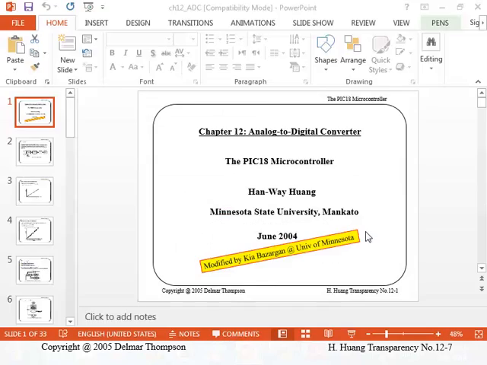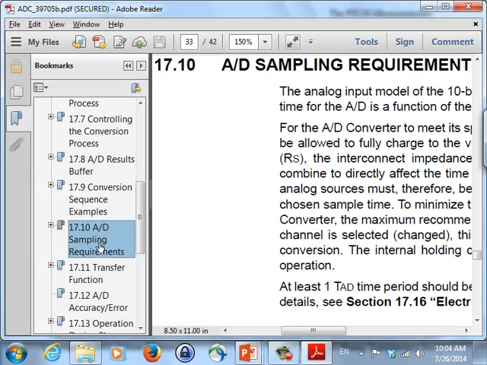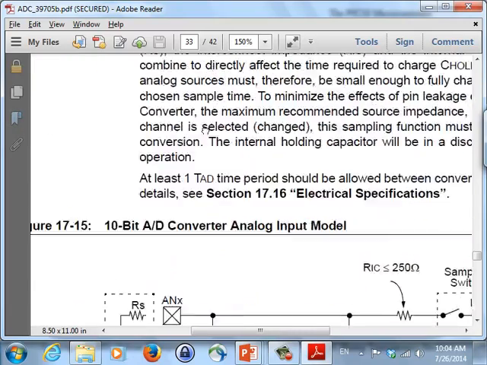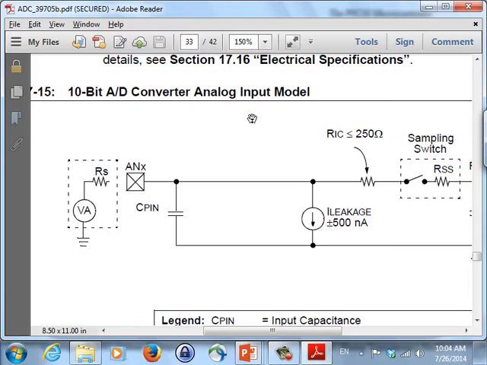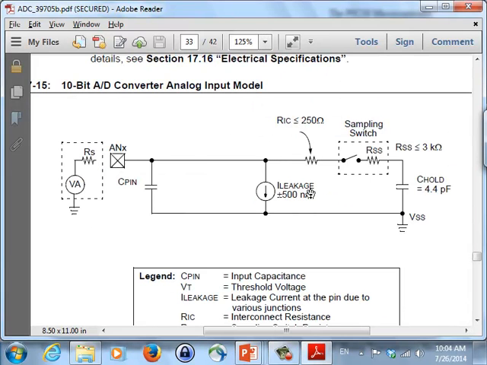In your PIC, you're going to see that in section 17.10, which is this figure. So slightly less busy compared to what you have. And let me explain things here on this figure, and then we'll talk about the more busy figure from PIC 18.